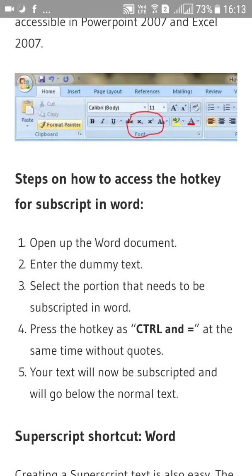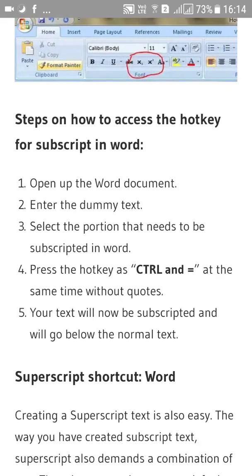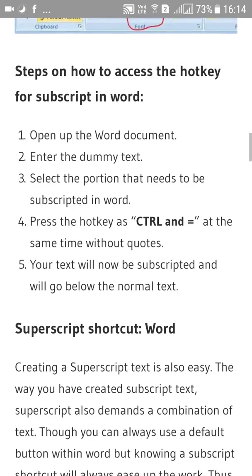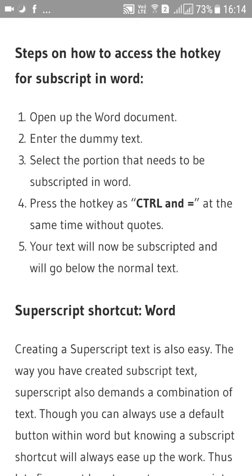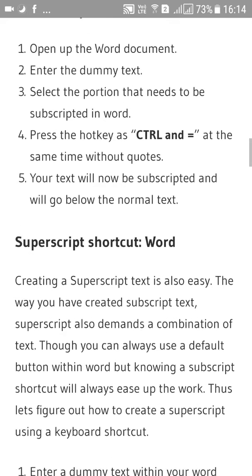So these are the shortkeys that you can make use of. Open up the Word document, write down the text, select the portion of the text, and press Control and equal to. Both should be pressed at the same time, and your text will be subscripted. That means your text will come a little down.